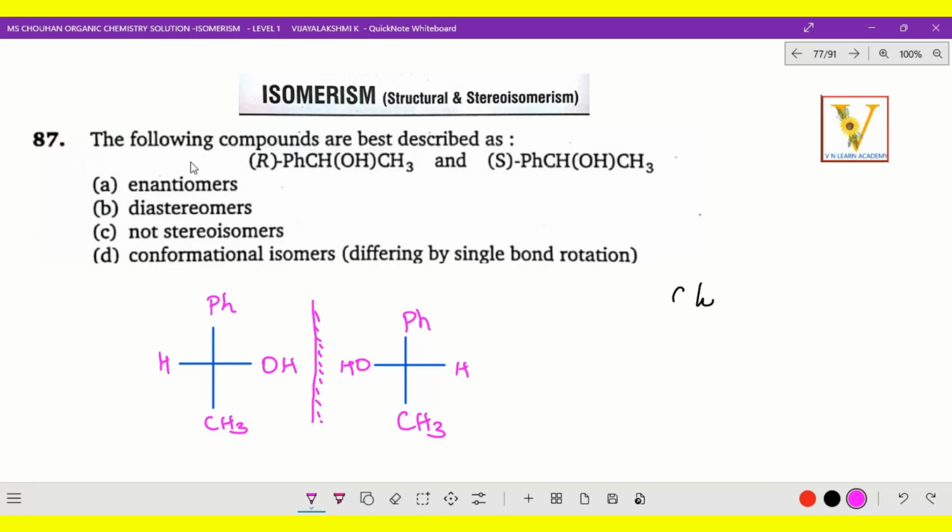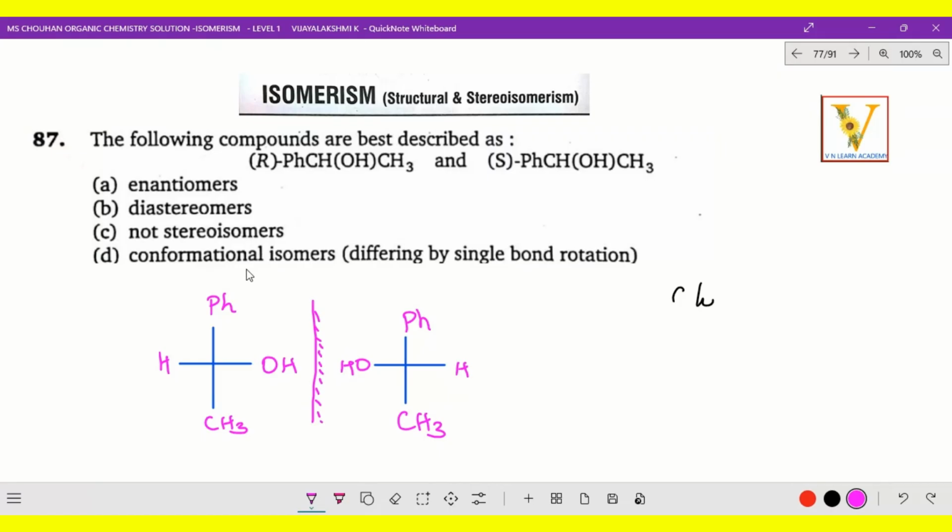The next question: which of the following compounds are best described as, they have given that compound, Ph-CH(OH)-CH3, R and S. We have to identify whether it is enantiomer, diastereomer, not stereoisomers, or conformational isomer, differing by single bond rotation.